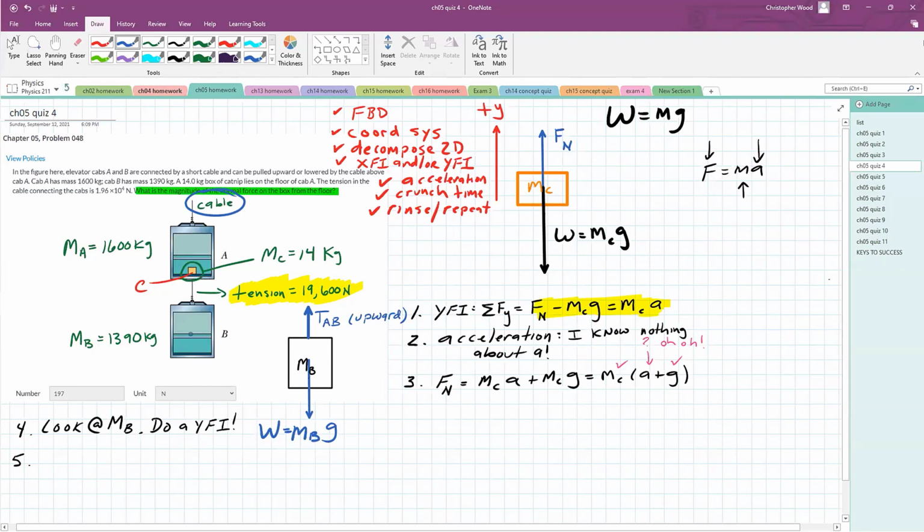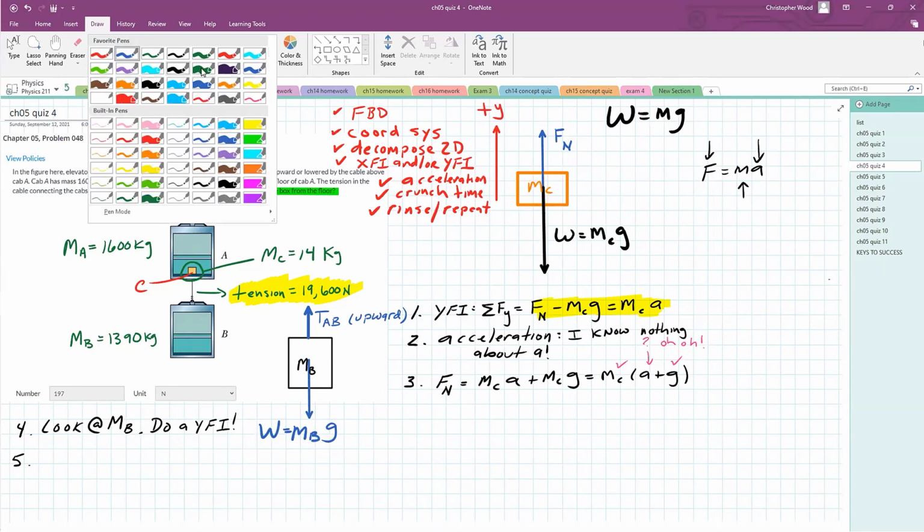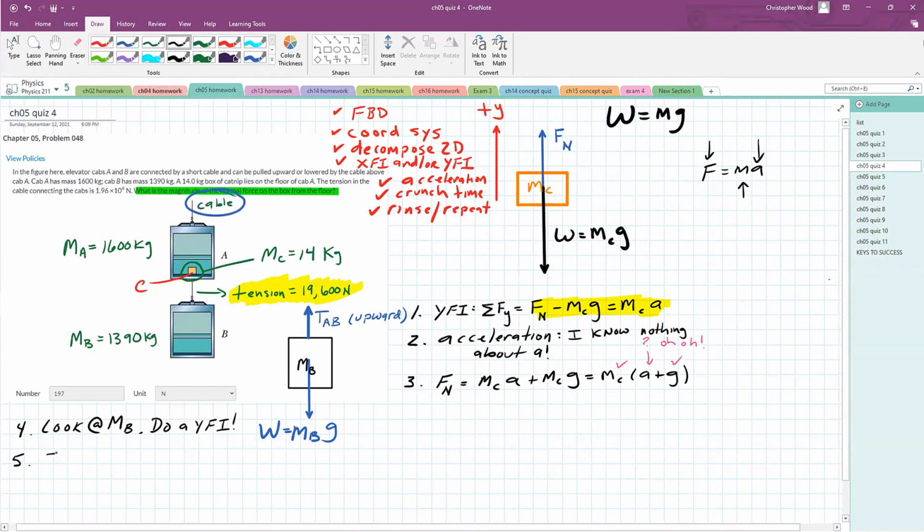So now let's do a Y-force inventory. Sum of all of those Y forces acting on MB, I have T_AB going up minus the weight force going down equals F equals MA. At the end of the day, F equals MA.